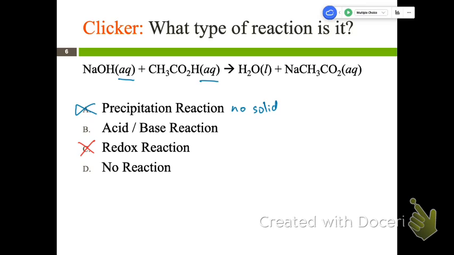So the common misconception is that if there's hydrogens, then it can be an acid-base reaction. And that's not true. But the second part you said was great. You said that where they are changed. That's what we're looking for. We're looking for is the hydrogen in a different place from where it started and where we ended the reaction. So can anyone pick out which hydrogen that might have been?